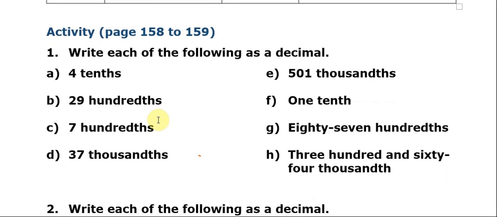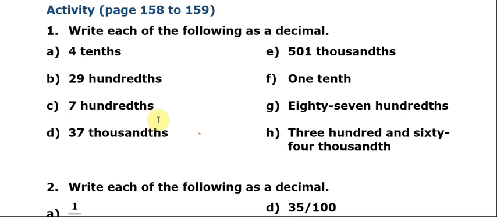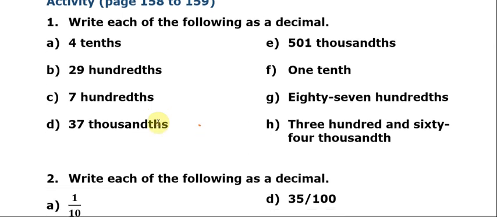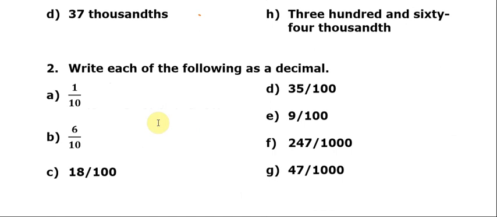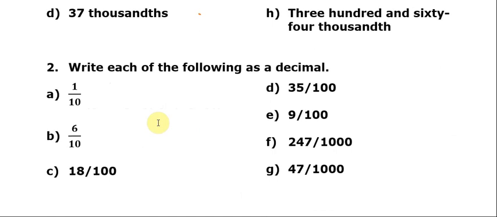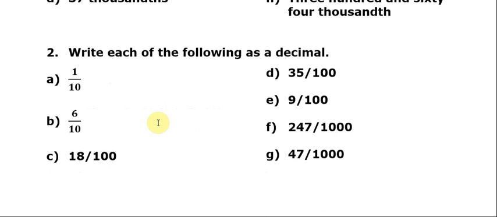So thanks to Raymond Tulsi for his book and these questions. Now, these are not all the questions in the book, so if you want more, you can access that book to get more of the questions, but these are just some of the questions. So you are to write each of the following as a decimal. Same thing for number 2, but these are actually written as fractions.